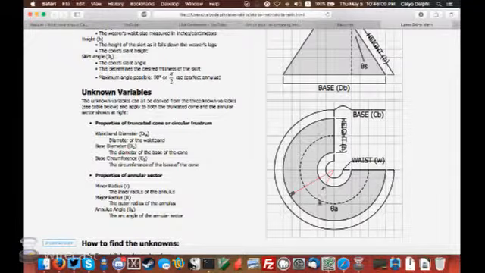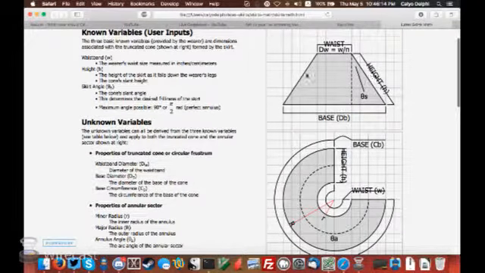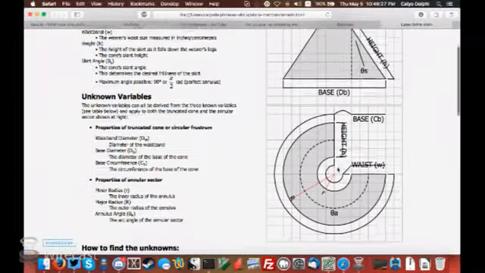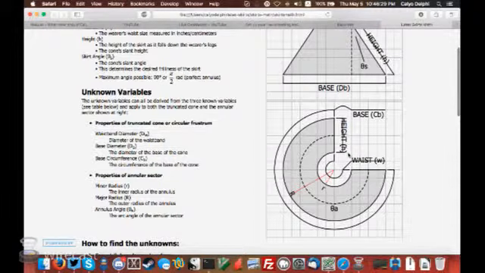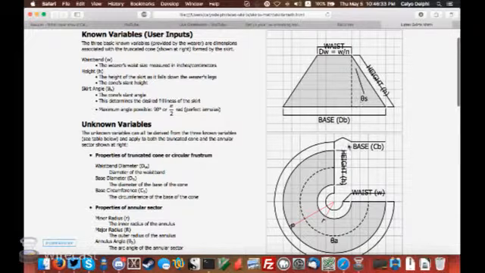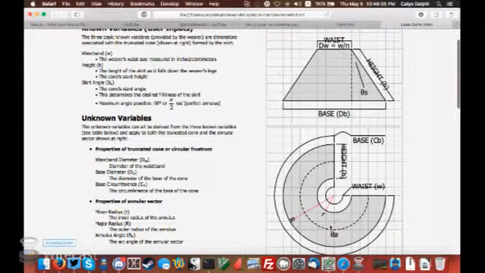So this figure right here is the two-dimensional mapping of that three-dimensional slanted surface area, and this is basically an annular sector. So you're just combining your terms here. And you can kind of see how a lot of the measurements relate to each other.